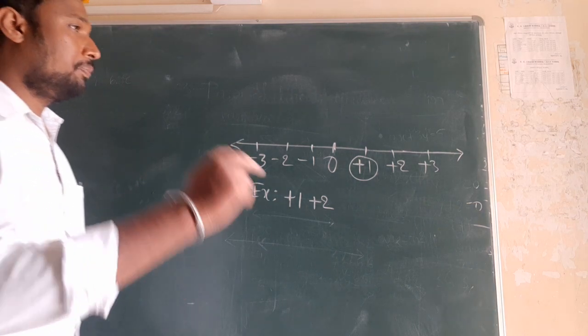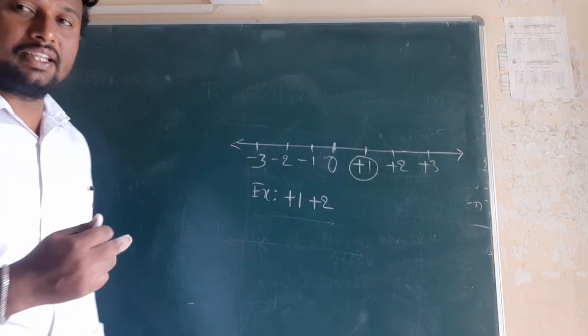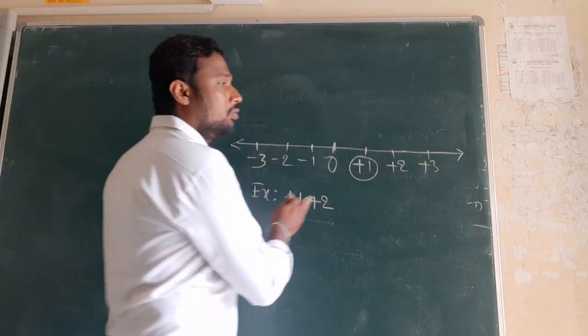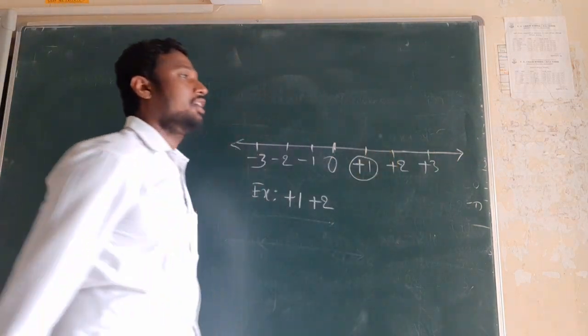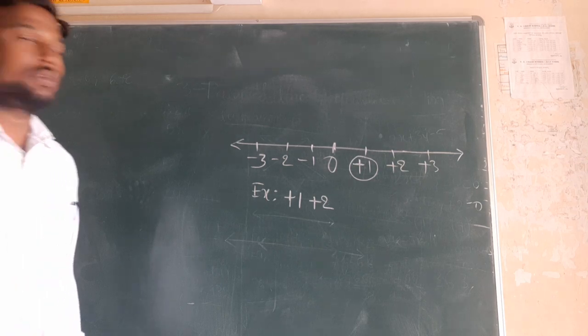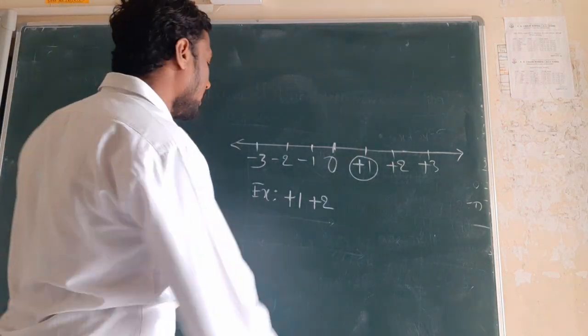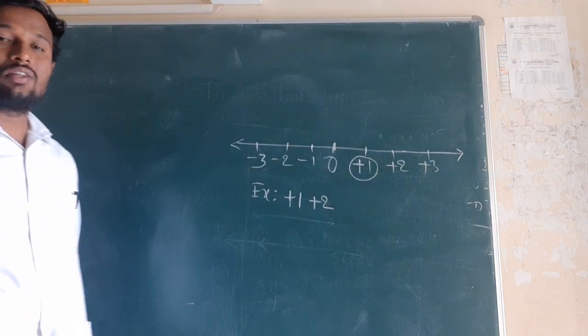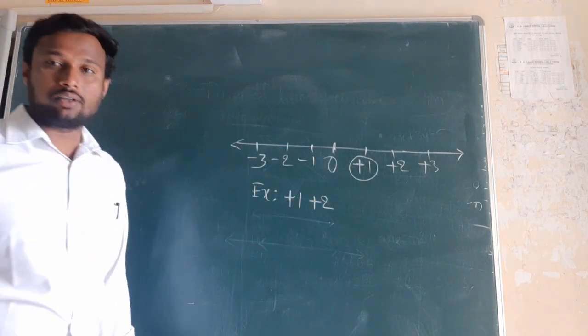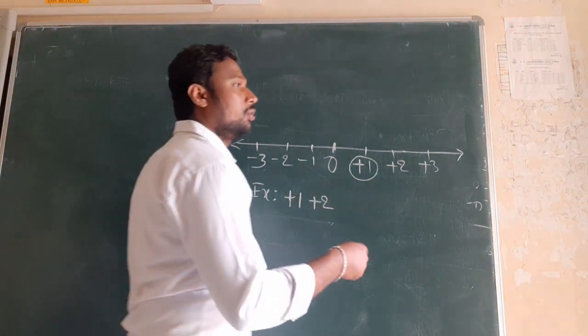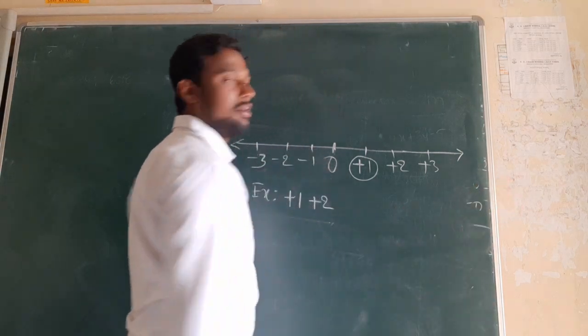When you are adding a number, you just have to move to the right part of the number line. So here you have to move right hand side. How many times? 2 times, because we are adding +2 here. So we have to move 2 times right hand side of this number line.